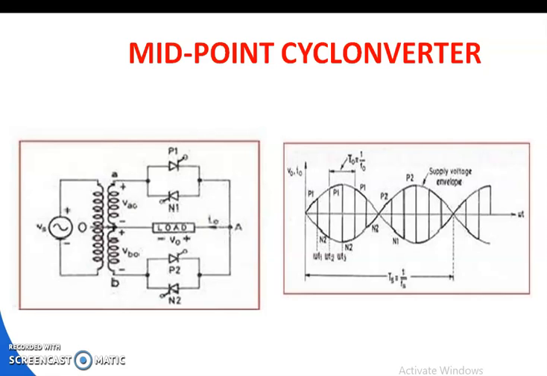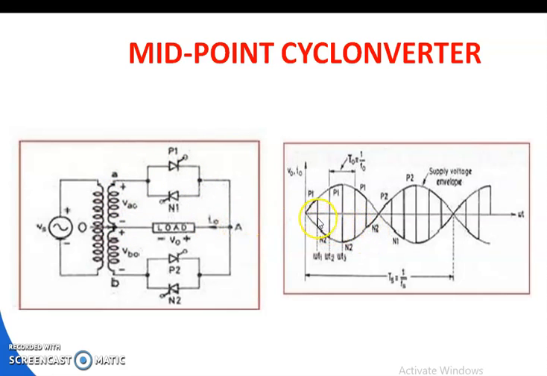In that case, the current starts flowing in a particular path. When thyristor P1 is in the on condition, the path of the current will be VOA, P1, then load, then VOA. That is, upper half of the secondary winding, P1, load, upper half of the secondary winding of the transformer.